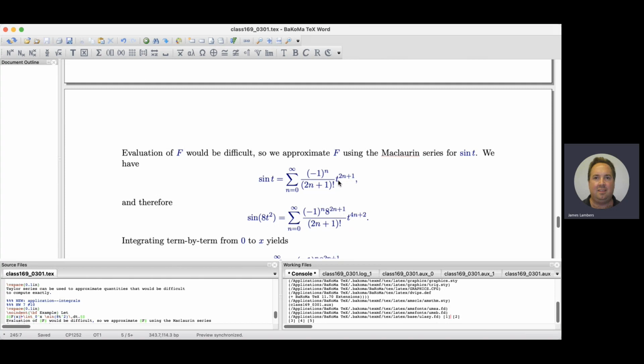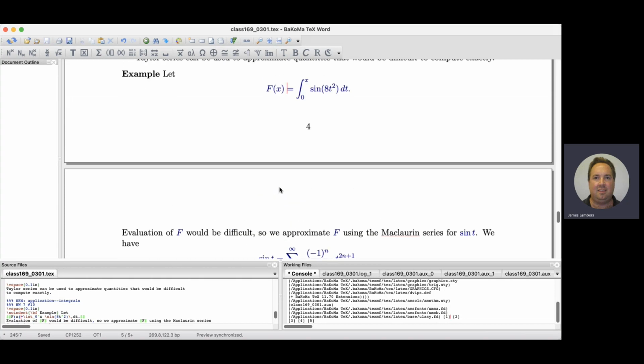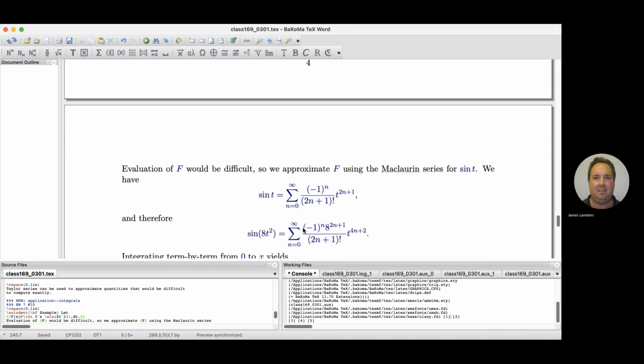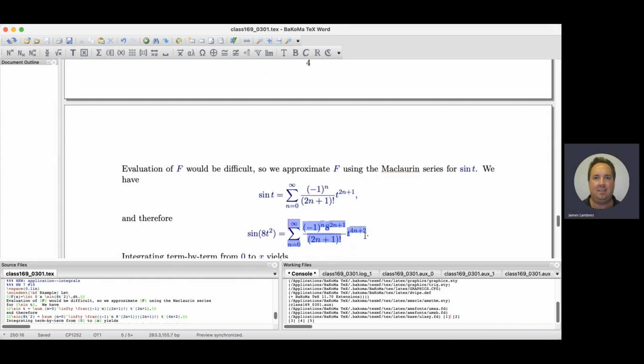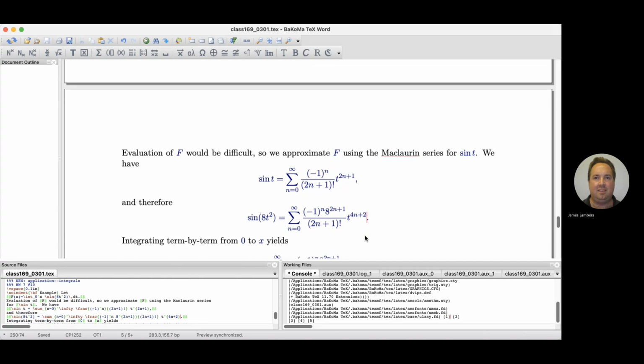And since I replaced t by 8t squared, the power of t is going to double. So I get t to the 4n plus 2 here. Then I can replace sine 8t squared in this integral by this Maclaurin series.